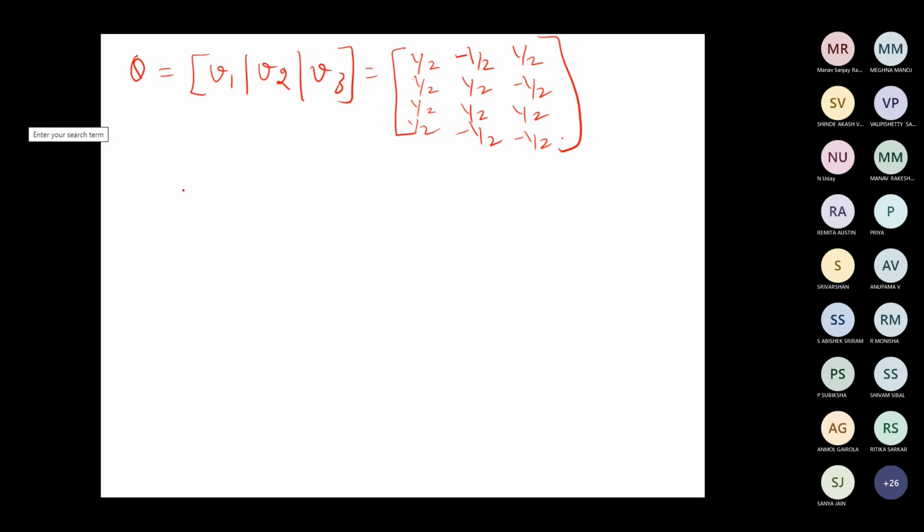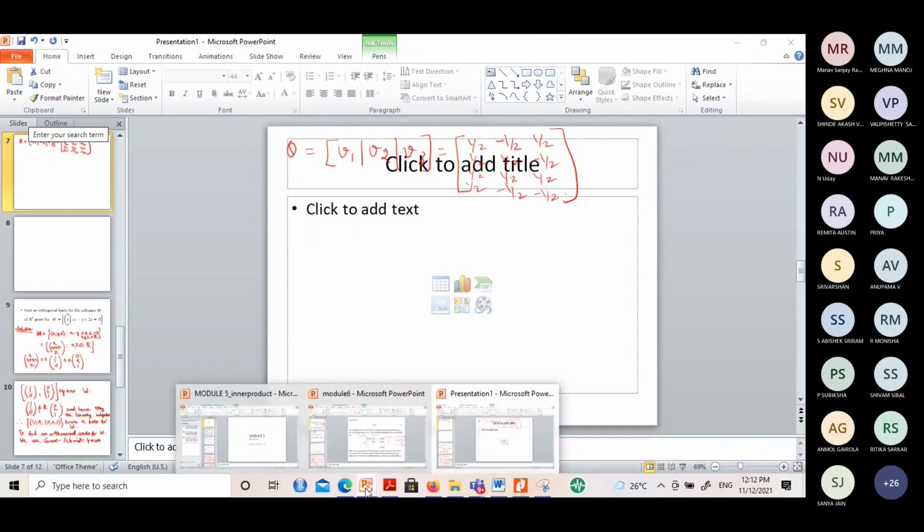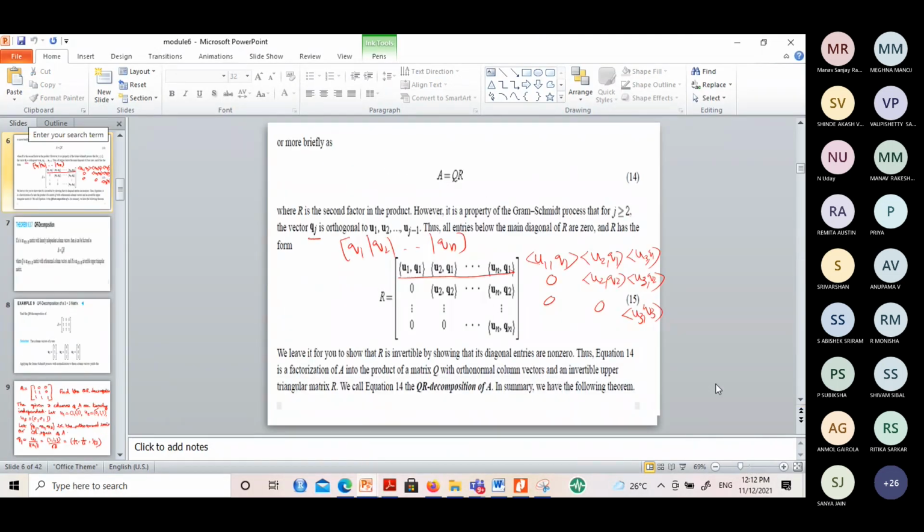So we need to find R, right? Say what is R first of all, then we'll find. What is R? See this: U1 with Q1, U2 with Q1, U3 with Q1.